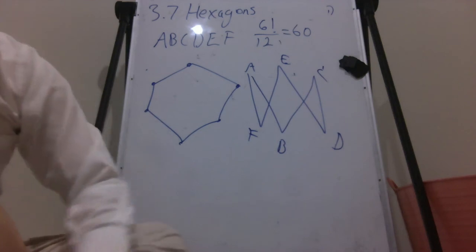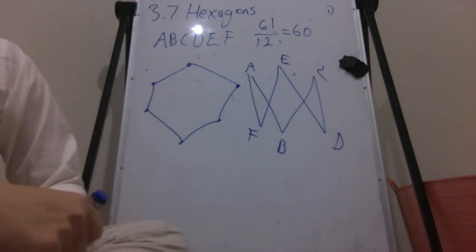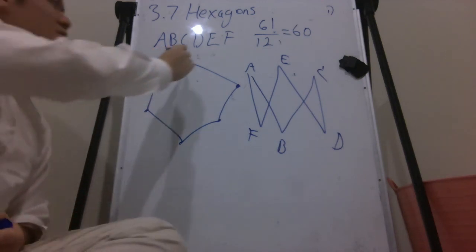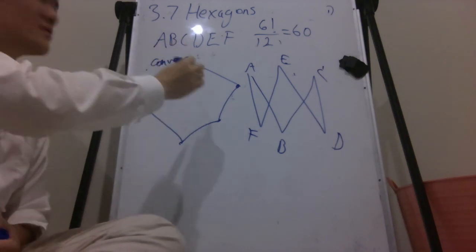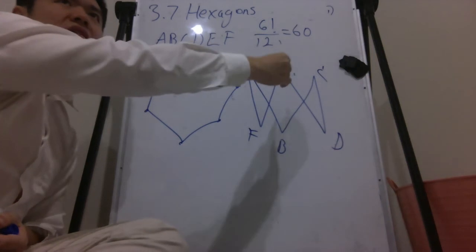Does that make sense? We have these vertices, and this is the convex one, and these are the other 59.